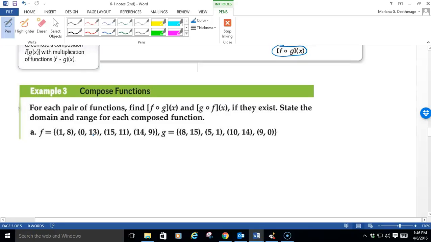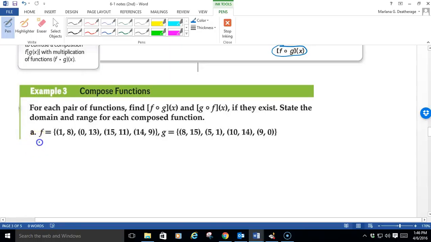So if I said, what is f of 0, you would say 13. Okay? Then over here is our g function, the x values, and then your y values, which are your g of x values. So if I said g of 8, that would be 15. Okay? So, the first thing we're going to do is f of g of x.